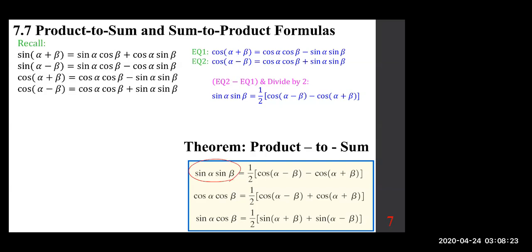Can you see that, everybody? Equation 2 minus equation 1 and divided by 2. In other words, sine alpha sine beta is half of cosine alpha minus beta minus cosine alpha plus beta. We established the first one.